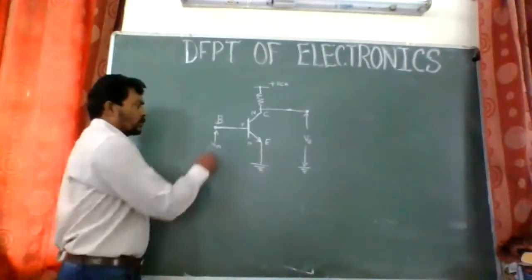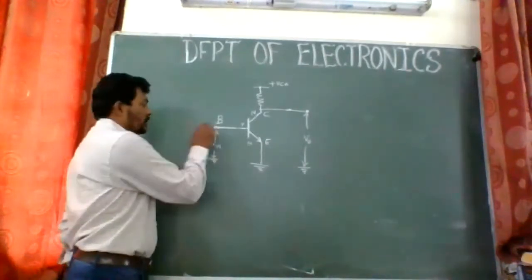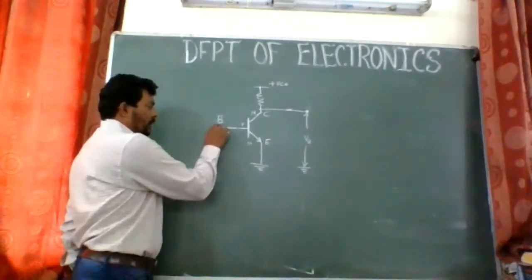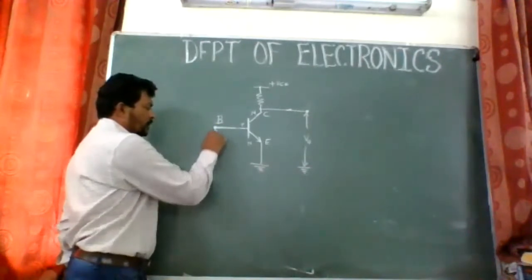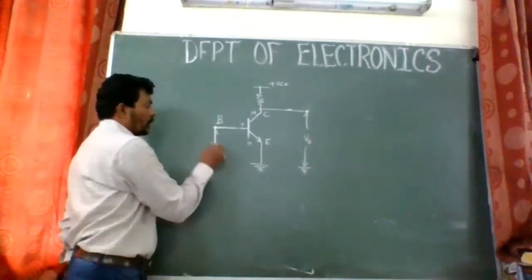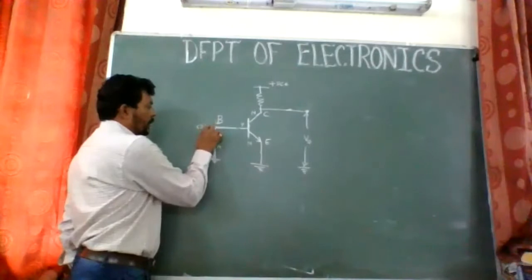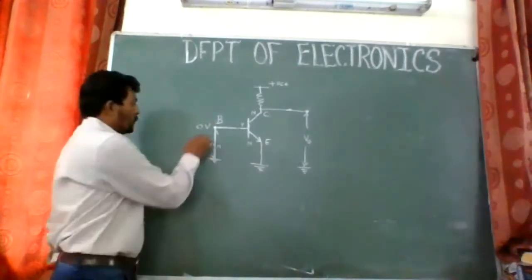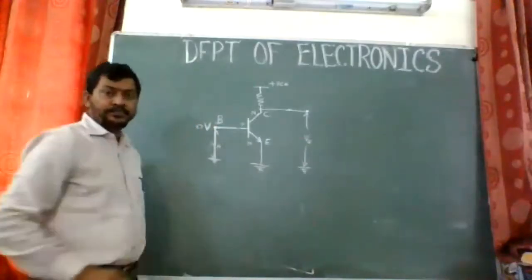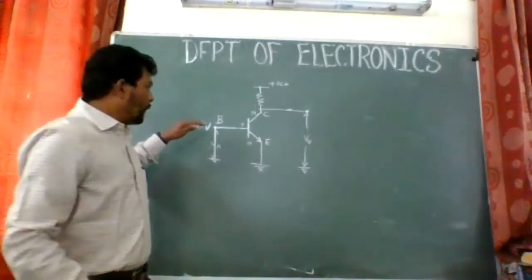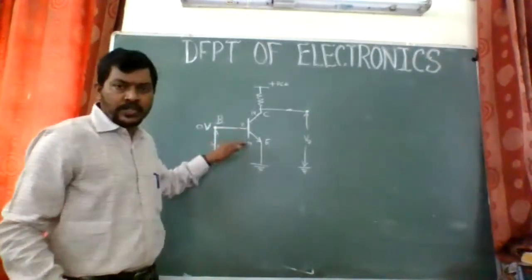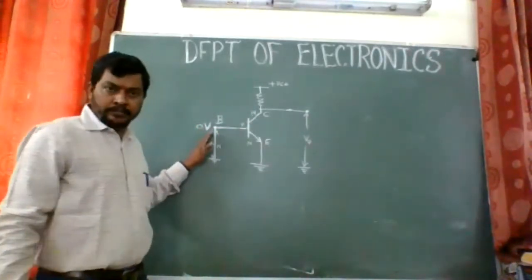Now suppose this base is directly connected to the ground, means I am connecting this base to the ground. Ground means we are connecting it to 0 volt. So if I connect this to 0 volt, what it implies is the base of this transistor is grounded.